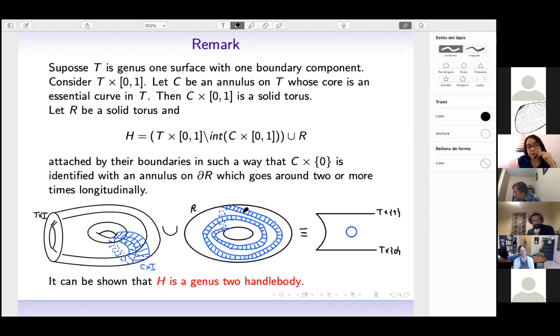And the schematic version of this attachment is this. Here we have the annulus region between T cross 0 and T cross 1. And this blue circle is the solid torus attached to the product region.